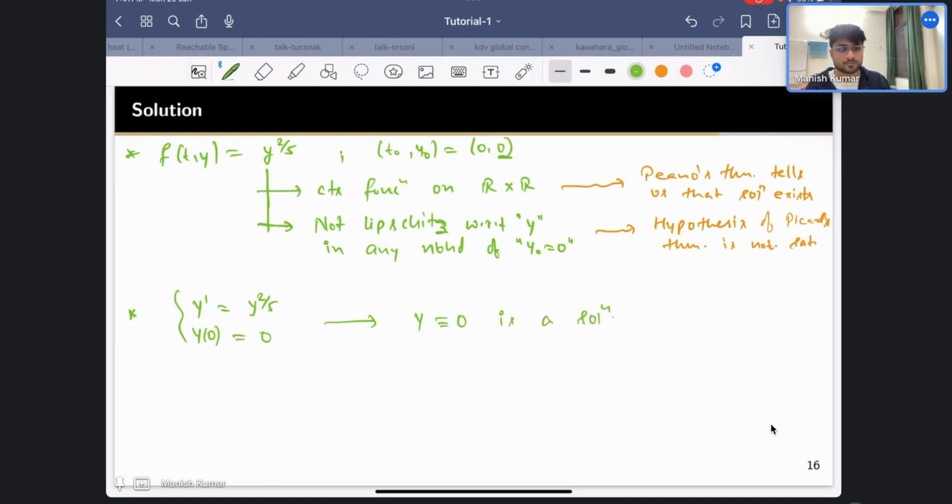So y equal to 0 is a solution. Now we'll assume that y is not 0. When we have to solve this problem, we can use the method of separation. So dy by dt is equal to y raised to the power 2 by 5, which I can write as dy by y raised to the power 2 by 5 equals dt if y is not 0.